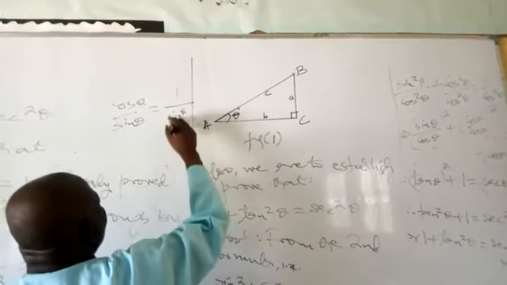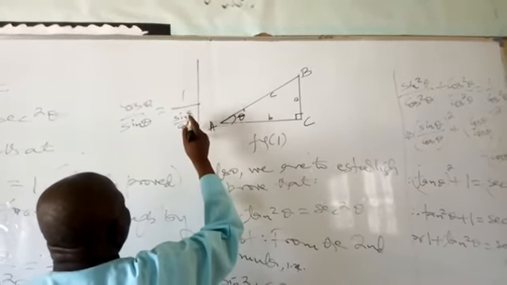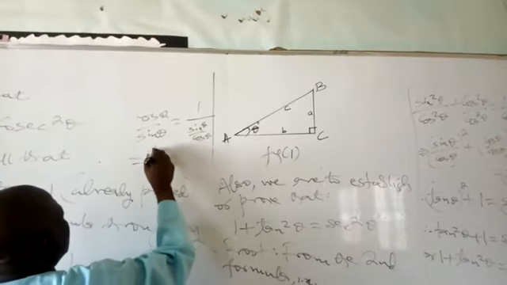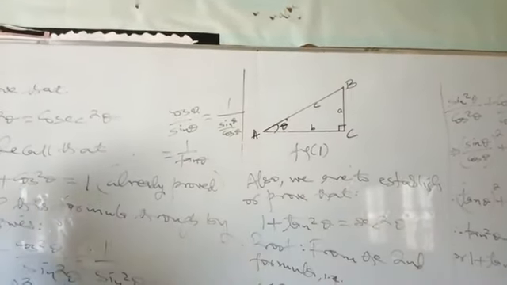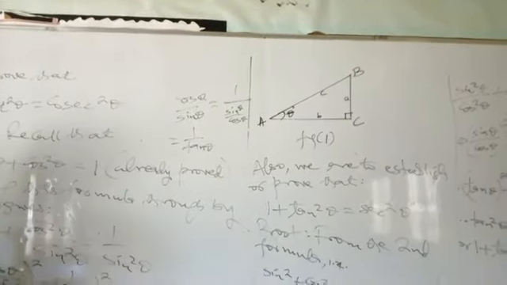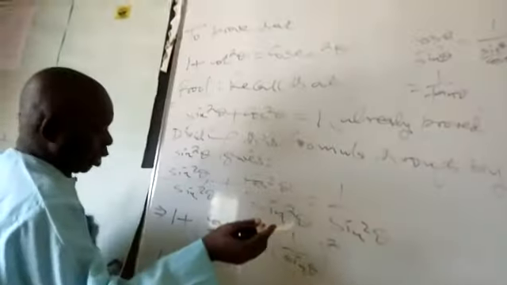And sin theta over cos theta is tan theta. So this is 1 over tan theta, and 1 over tan theta is cot theta.